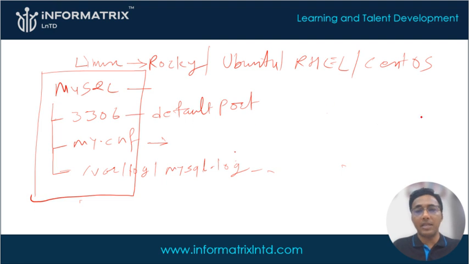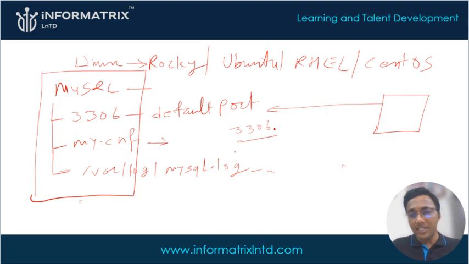Whenever any application, like a Tomcat application, connects to MySQL, on port number 3306 it will try to connect. These database connection properties are usually defined in the code, or in the application's database connection properties. In this scenario, again on Linux, Tomcat is a service.